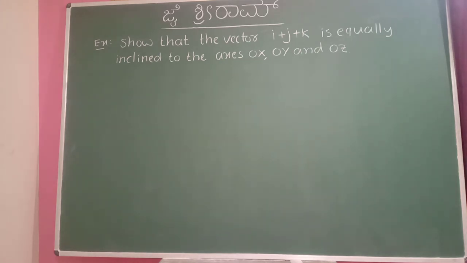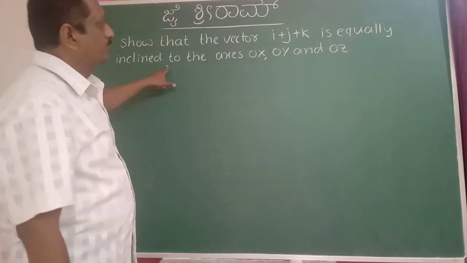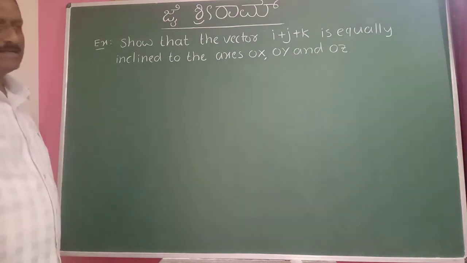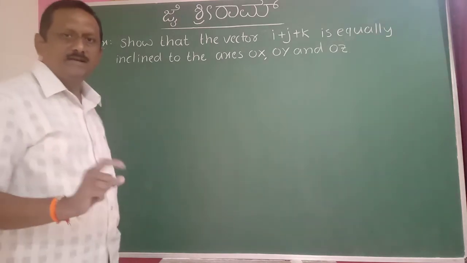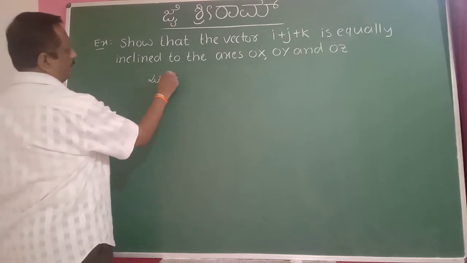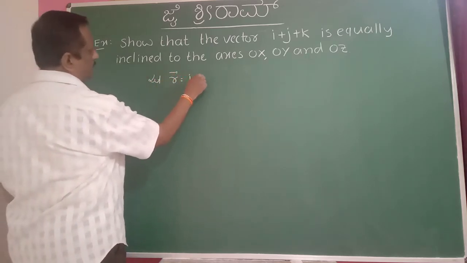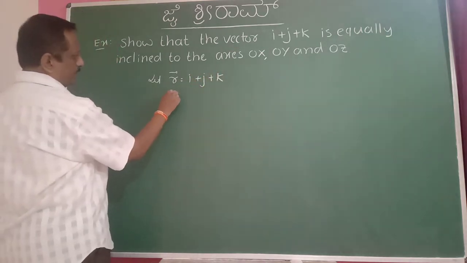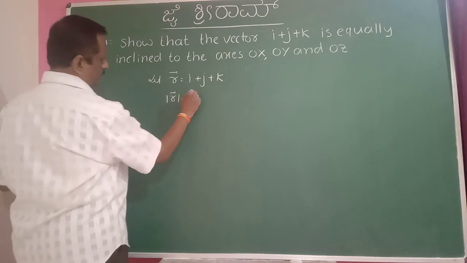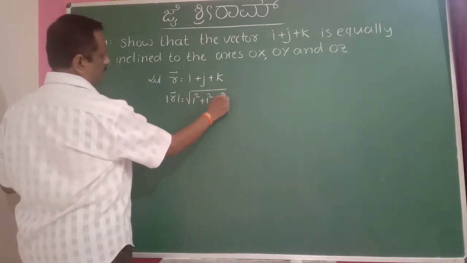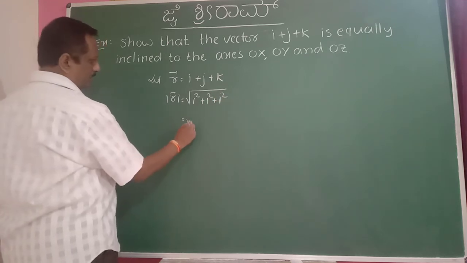Show that the vector i plus j plus k is equally inclined to the axes OX, OY and OZ. Just take a previous example. First find the unit vector. Let us consider r1 equal to i plus j plus k. Then modulus of r1 is the root of 1 square plus 1 square plus 1 square, which gives root of 3.